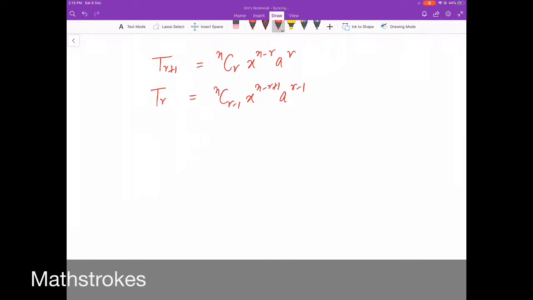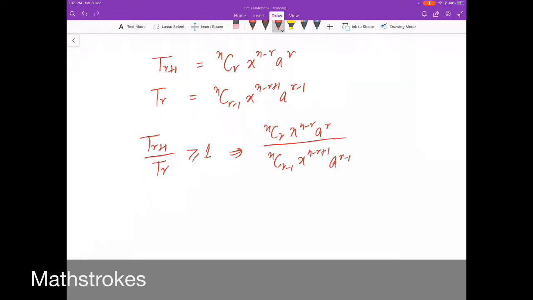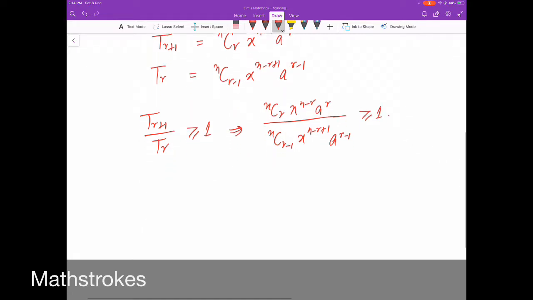Fine. Now using this relation I can write nCr x^(n-r) a^r upon nC(r-1) x^(n-r+1) a^(r-1) is greater than or equal to 1.